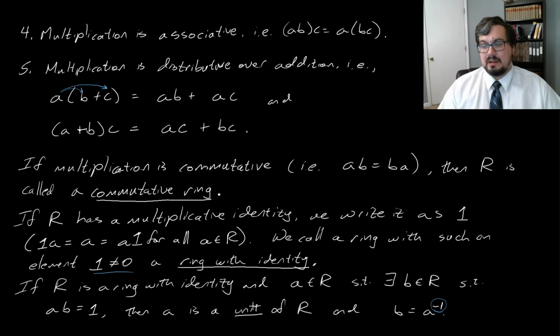In particular, I want to note that this condition 1 not equal to 0 in the ring with identity definition is really only eliminating a special case.